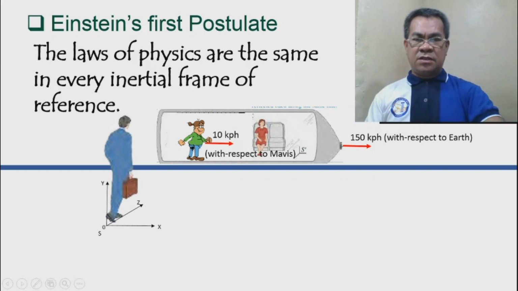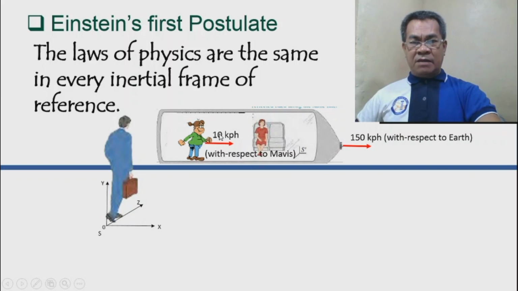Suppose the train is moving at 150 kilometers per hour. This is measured from the rest frame, with respect to the Earth. So this 150 kilometers per hour is the velocity from the reference of observer A.